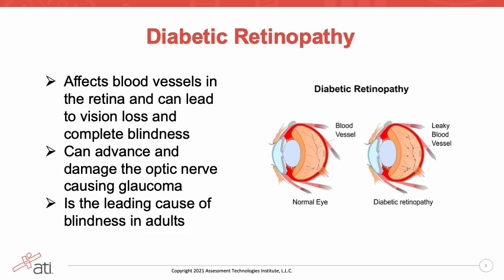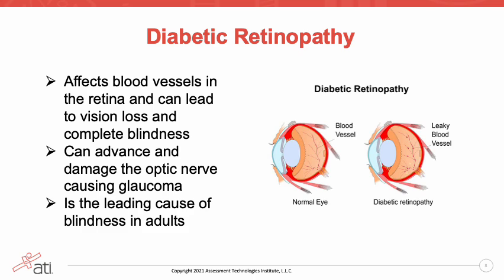As it progresses, we can see signs and symptoms like spots or floaters or blurred vision. Over time, unfortunately, diabetic retinopathy can lead to blindness. To slow the progression of the disease, clients need to maintain good control of their blood glucose level, blood pressure, and cholesterol level.